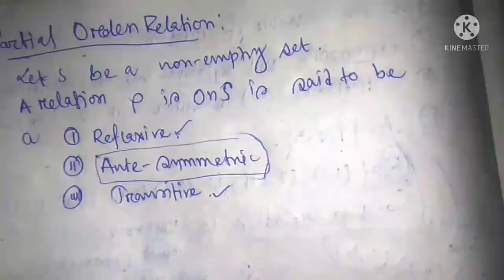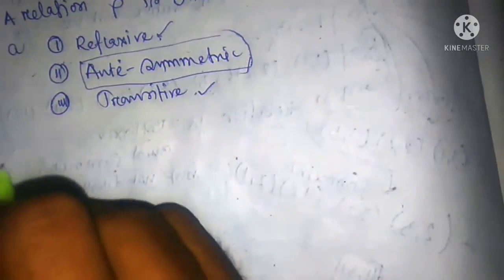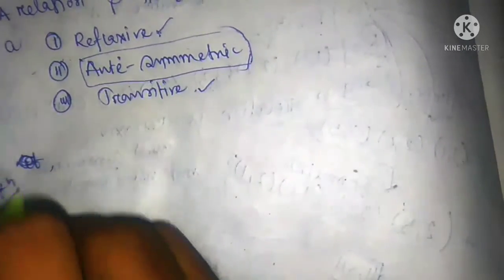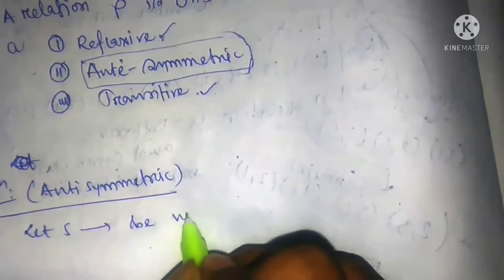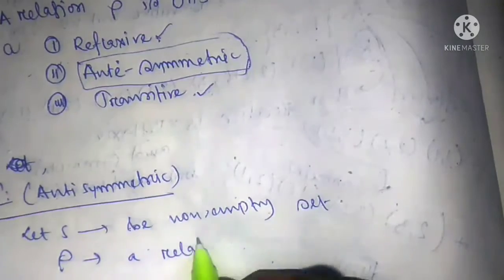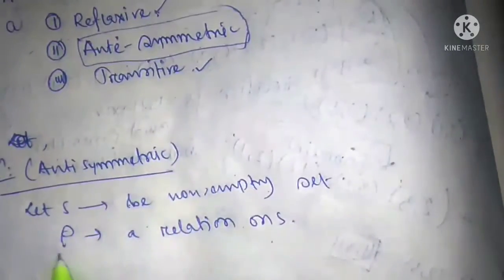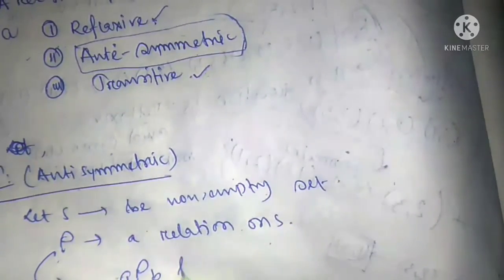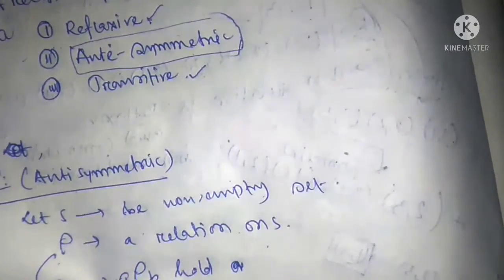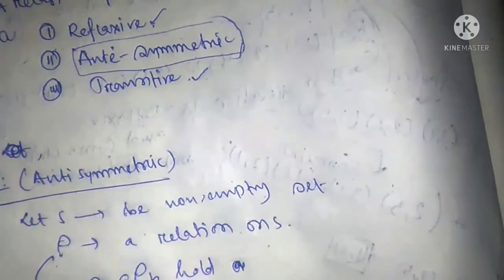So now let's discuss what is antisymmetric. We discuss the definition of antisymmetric. Let S be a non-empty set and rho be a relation on S, then rho is said to be antisymmetric if A related to B holds and B related to A holds.